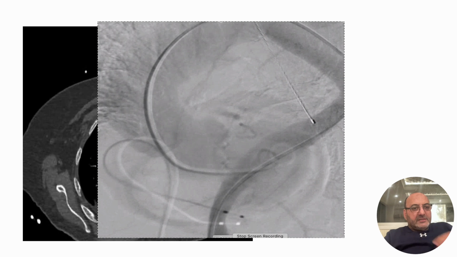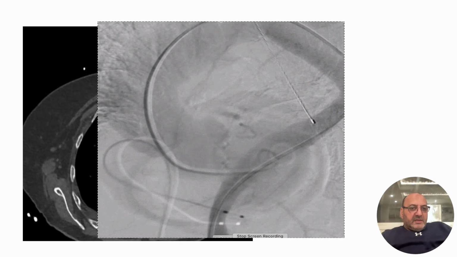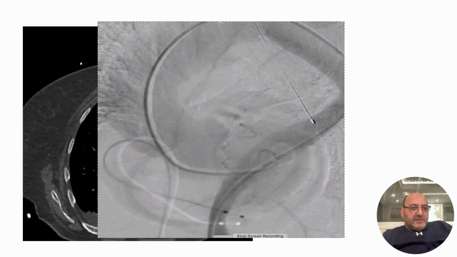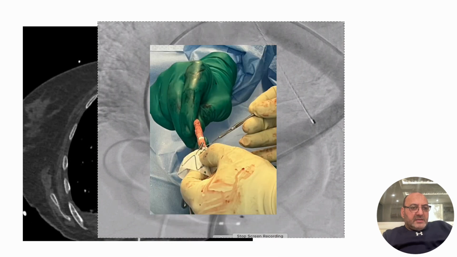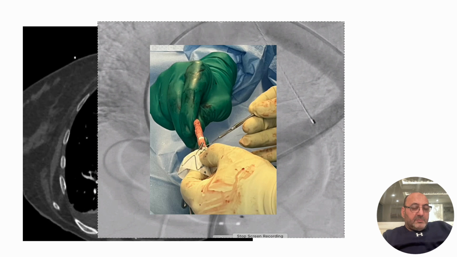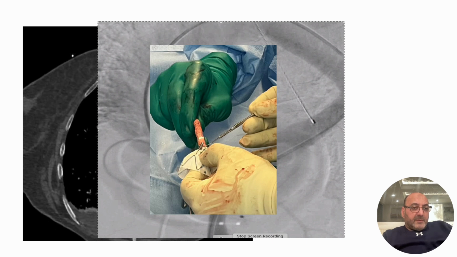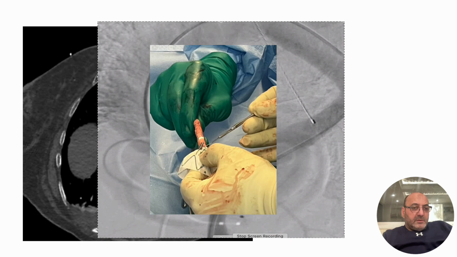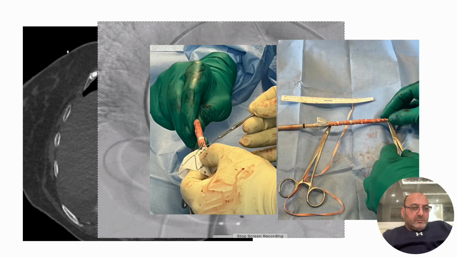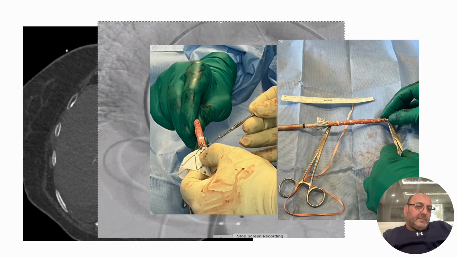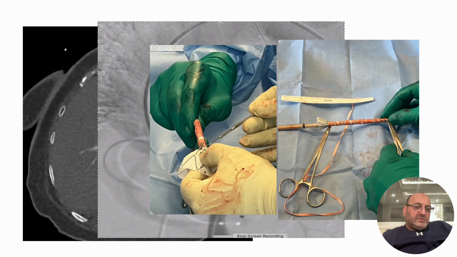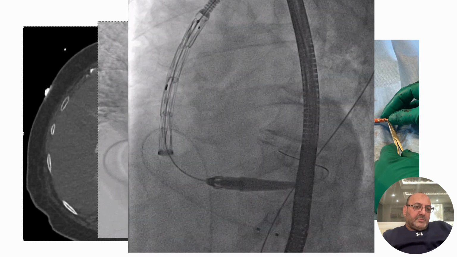You see the coronary arteries, you see the valve, and you see the aorta quite tortuous, and you see the pigtail inside the heart. So in this case, you choose a Gore graft. We deployed it outside of the body, about 2 stents or so, and like you see here, we measured it, and then we cut it, and then we placed it back in with umbilical tape into the sheath, and we deployed it.